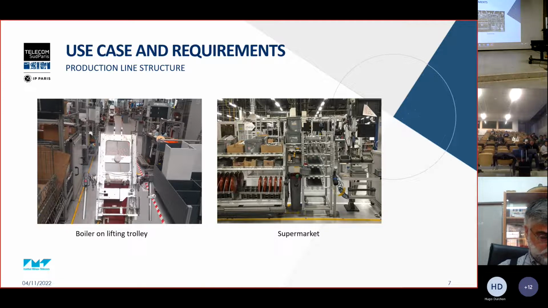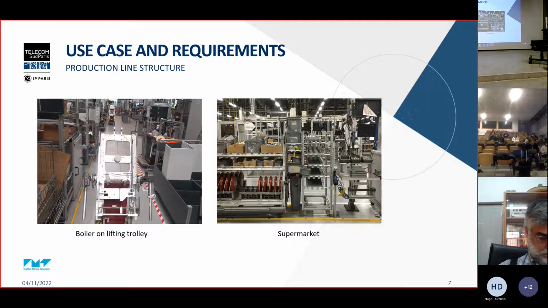The boiler is built upon a lifting trolley set on a yellow rail on the ground, and the human operators push this trolley and the boiler during the assembly. On the right, you can see a supermarket where all the assembly parts are stored.